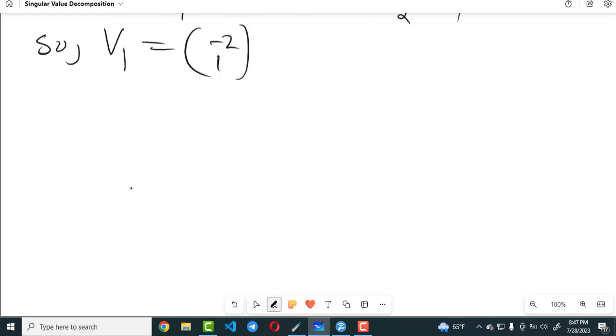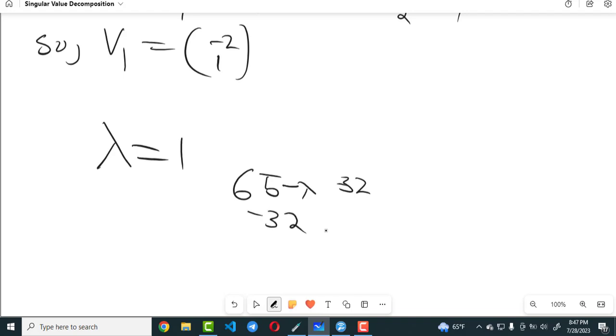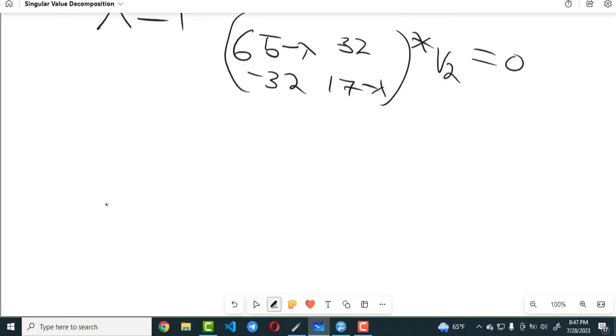And if we are to look at our other lambda, which is lambda 1, we just apply the same concept where we have 65 minus lambda, minus 32, minus 32, and 17 minus lambda, and we multiply with our vector 2, which equals 0.